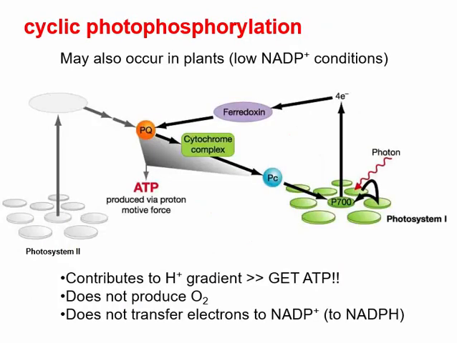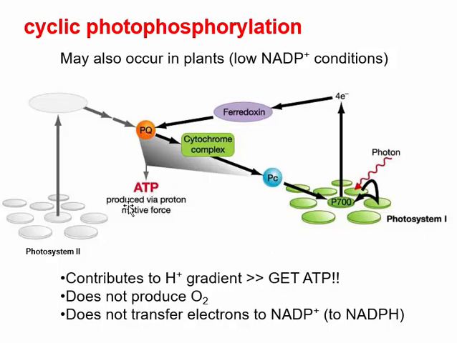It's not the end of the world. There is a way for plants to do this. They can revert to cyclic photophosphorylation. So what happens, instead of passing those electrons off to NADP+, they just feed them back into that electron transport chain. And again, they can keep pumping protons.